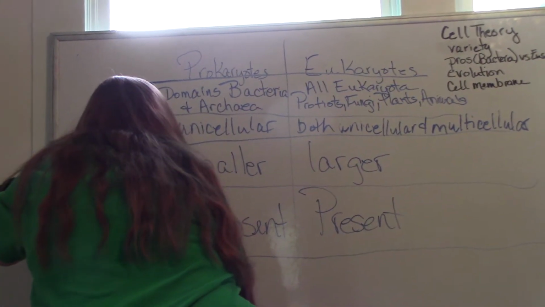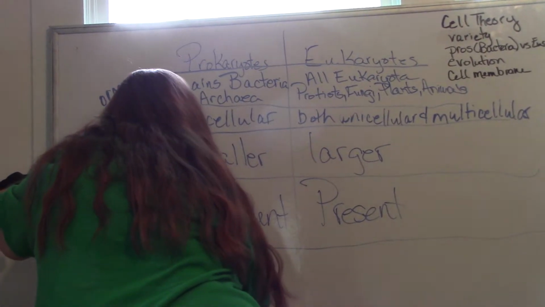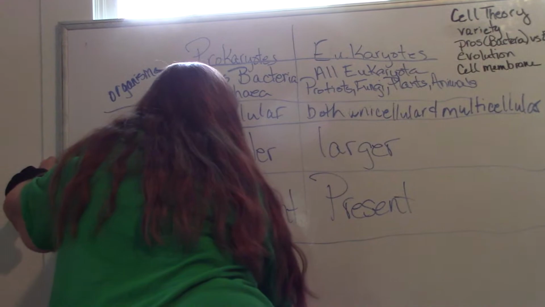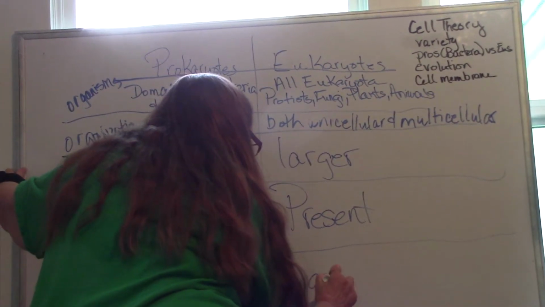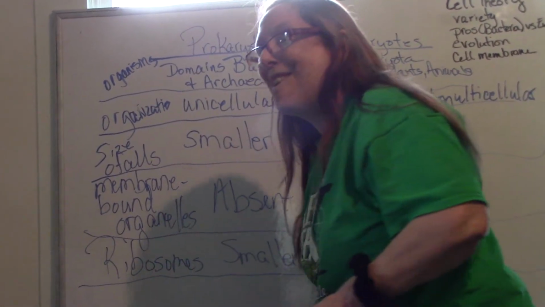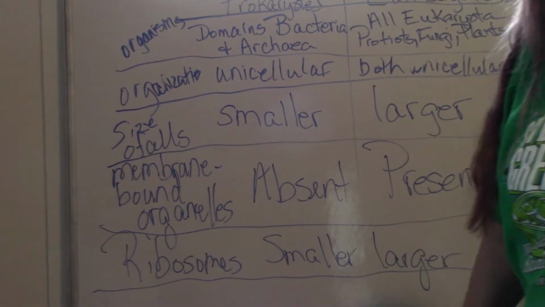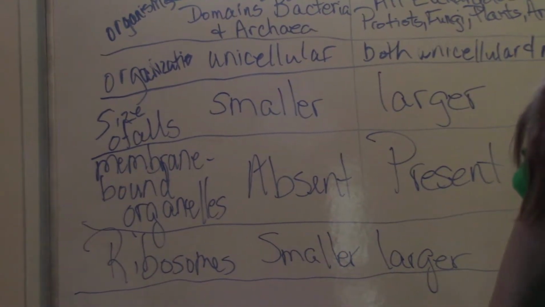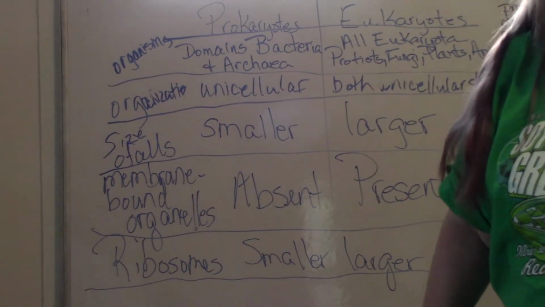ribosomes. These are smaller and larger. So they both have ribosomes. Ribosomes are not membrane-bound organelles. Ribosomes are made up chemically of proteins and ribosomal RNA.